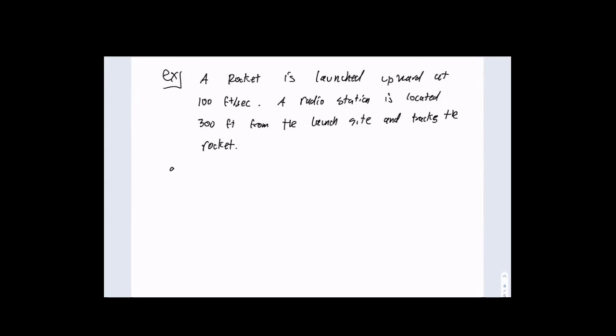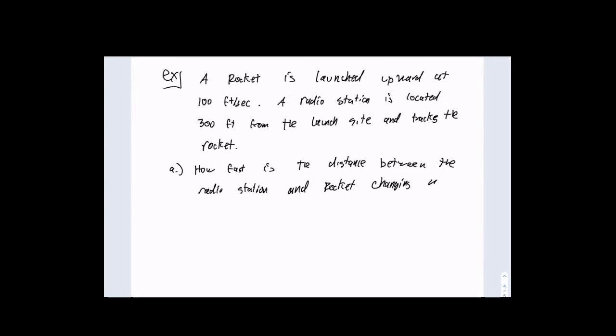So question A: how fast is the distance between the radio station and rocket changing when the rocket is 400 feet high.